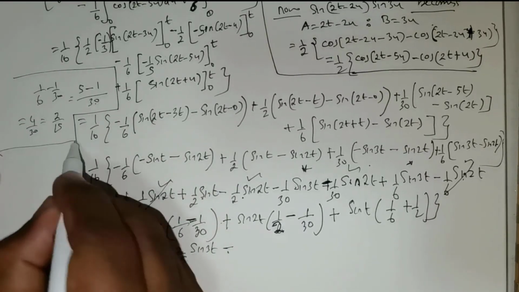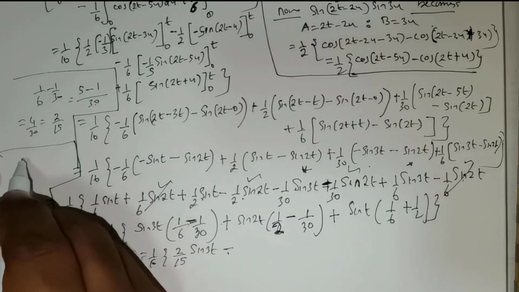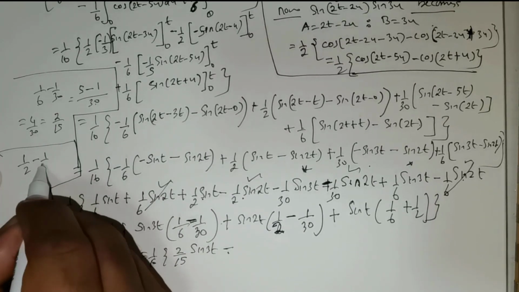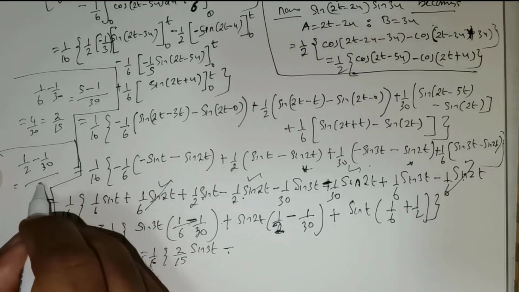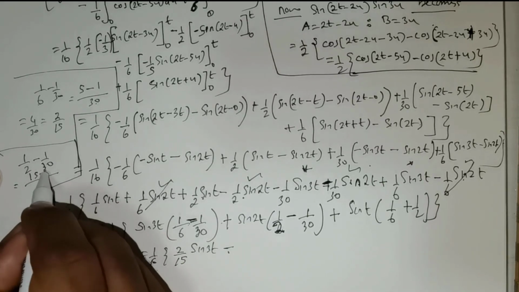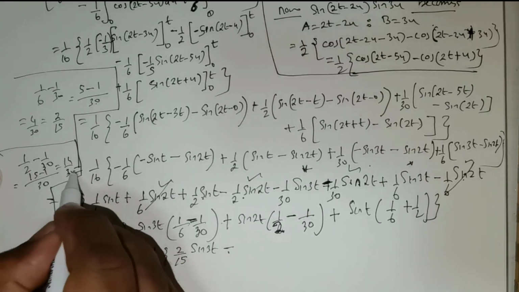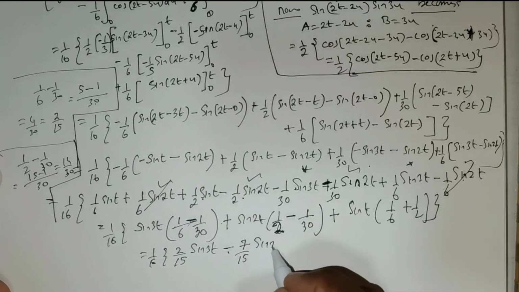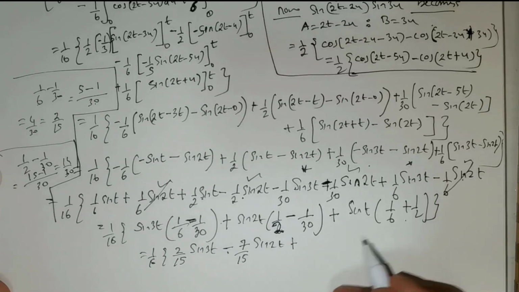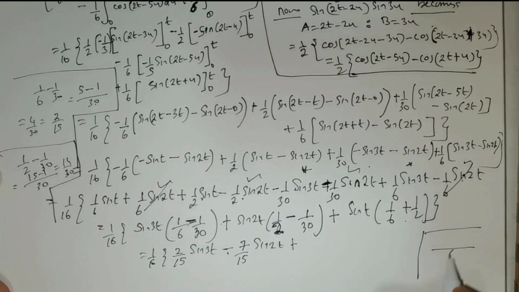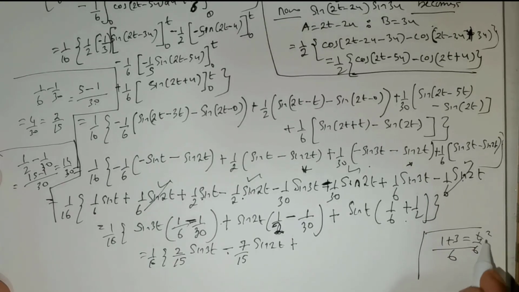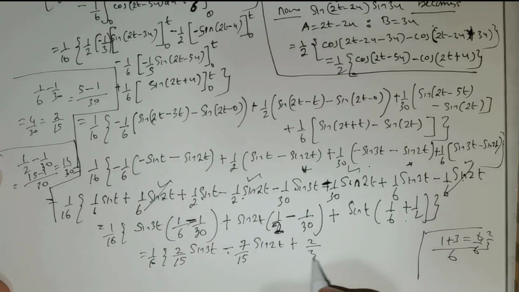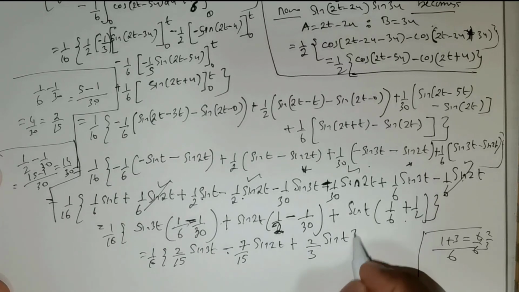Now let me use this space here. 1 over 2 minus 1 over 30, the LCM 30, 15 minus 1, 14 over 30, 7 over 15, right? This is 7 over 15 times sine 2t, and the LCM is 6. This is 1 plus 3, 4 over 6, so 2 over 3. So this is 2 over 3 times sine t.